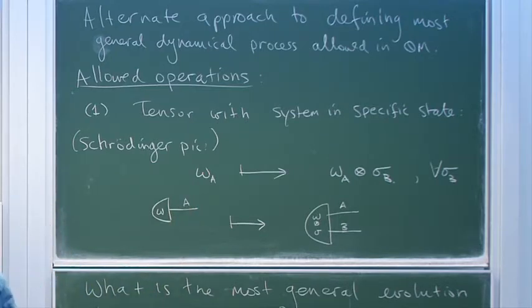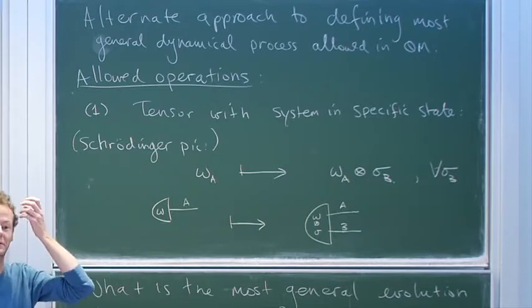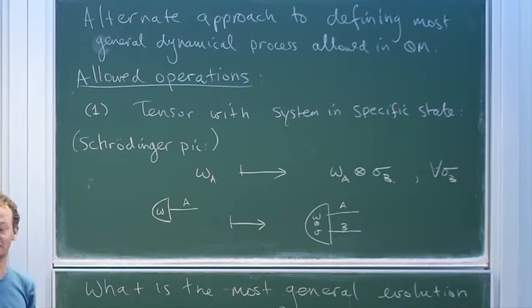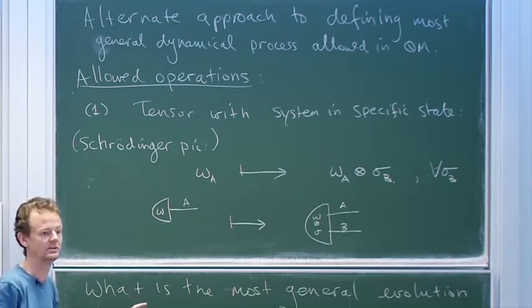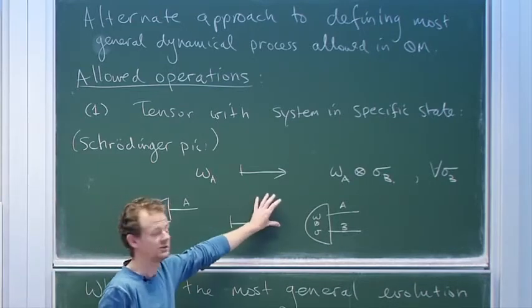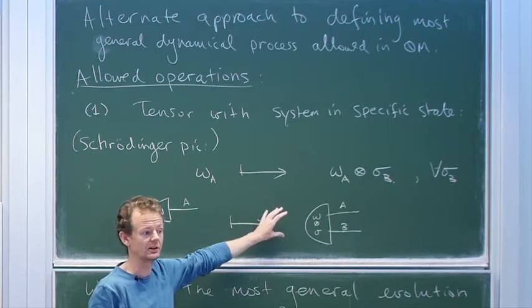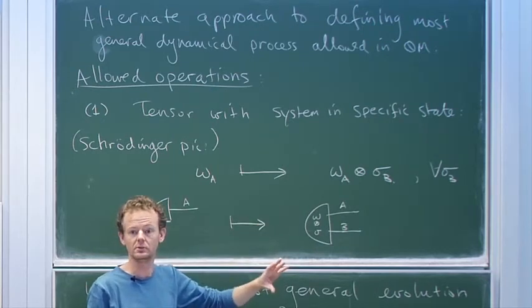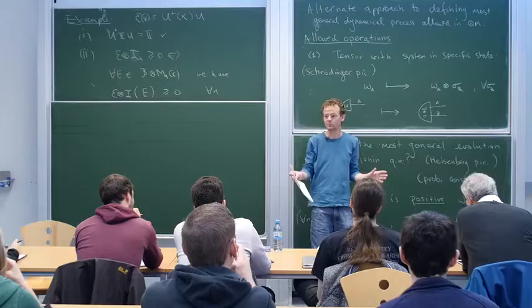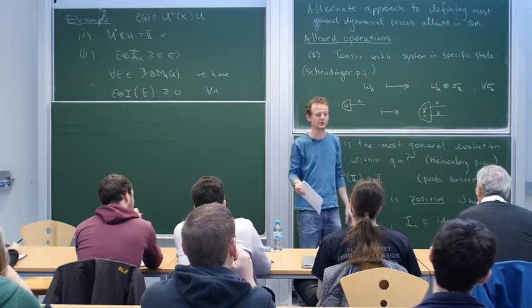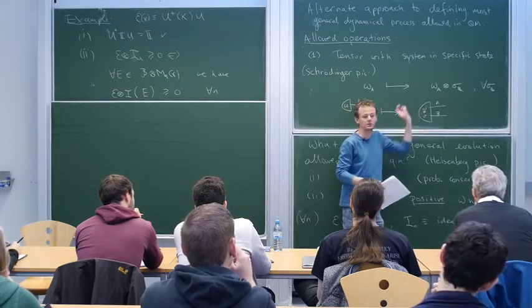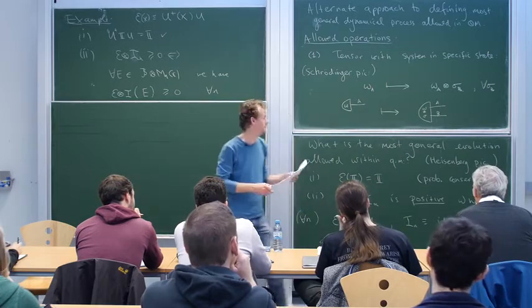And if you always want to enlarge your description to include everything in that fashion, then everything will turn out to be a unitary process. But for the purposes of describing or discarding parts of a system, so you can say get rid of the environment when you want to describe your quantum system, it's convenient to allow this as a separate operation.